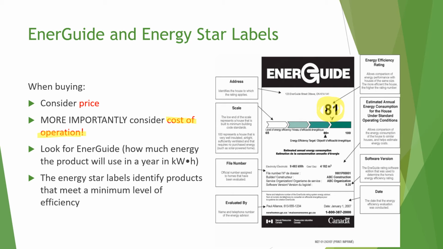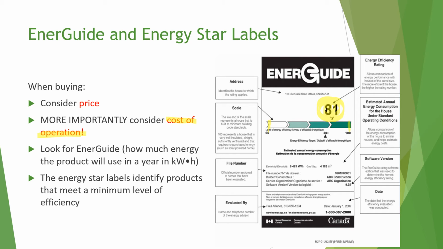If you're over in this area here, okay, that's a low efficiency. So this 65 to 100. This is kind of like a scale or a rating system, a calculation of how efficient that appliance or device is.